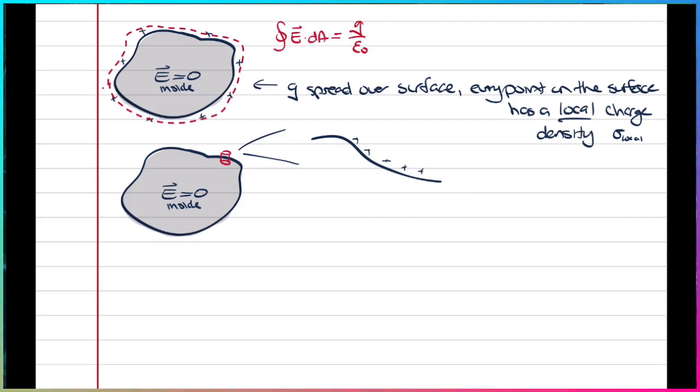But here's a zoom in, back to the problem. Here's a zoom in where we have the conductor, and then there's the surface where charges are hanging out. I'm going to draw my pillbox so that it's ever so slightly above the surface, and then it's going to puncture into the conductor.